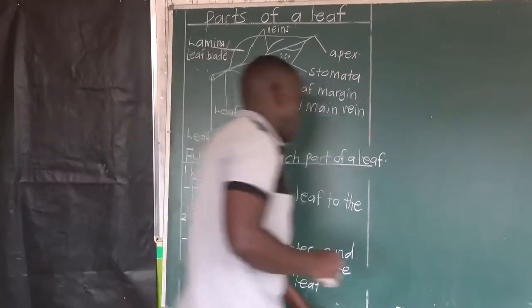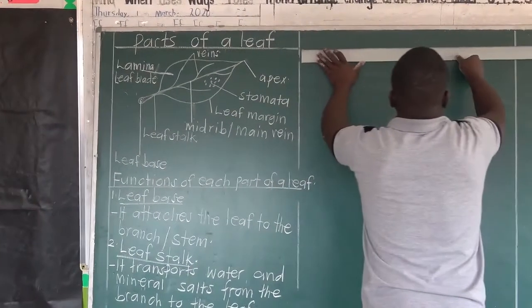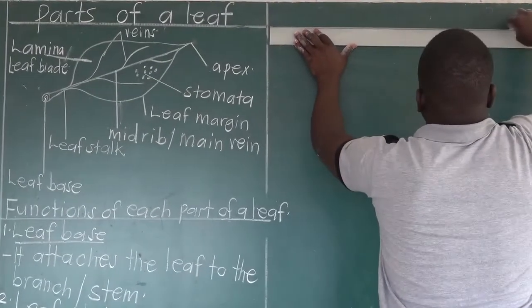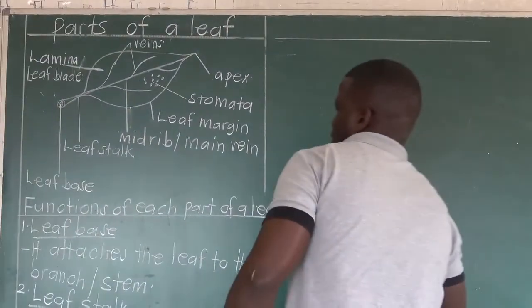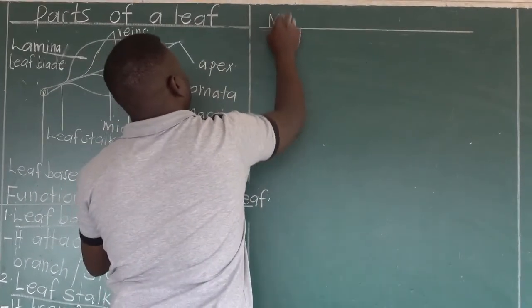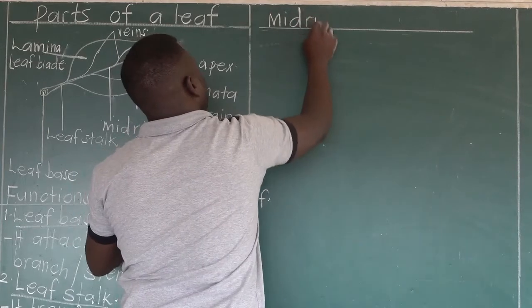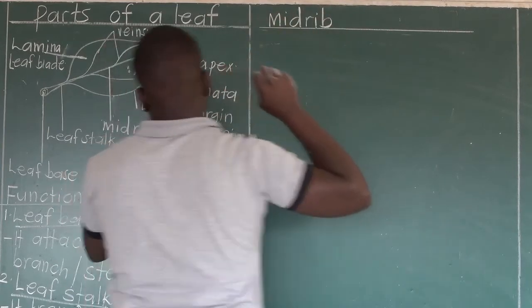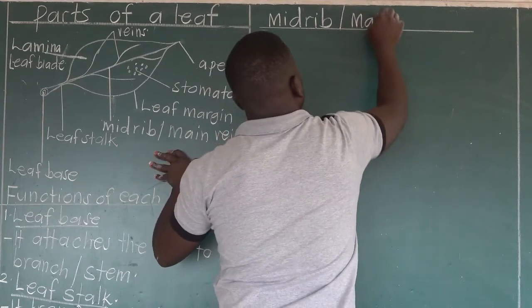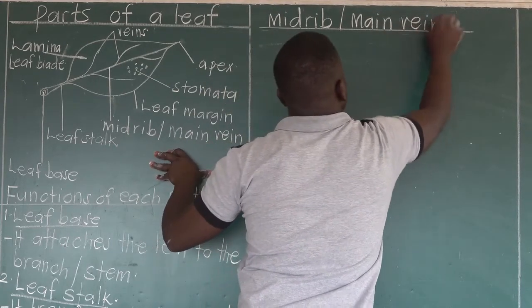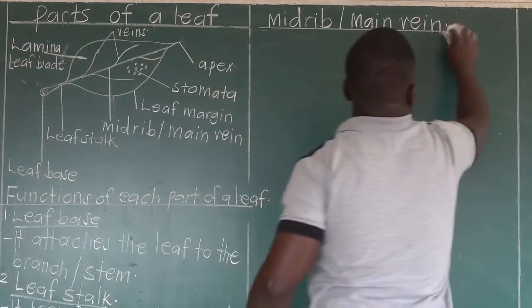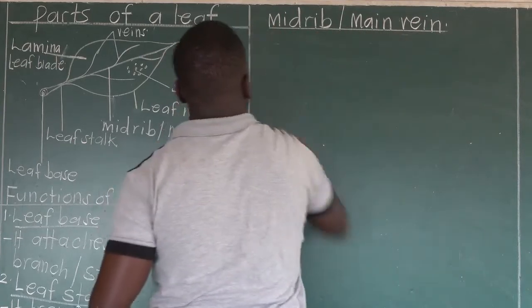Next, we look at the midrib. This midrib is also known as the main vein.